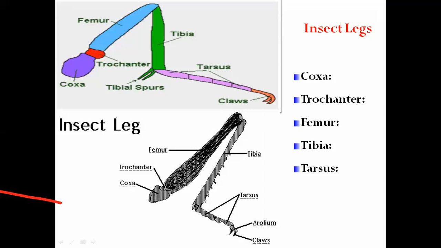However, in certain immature insects abdominal legs are present.